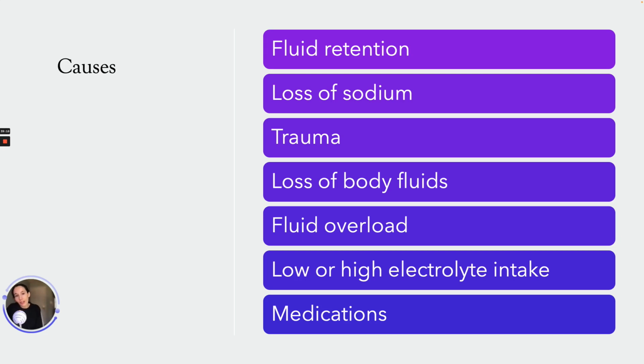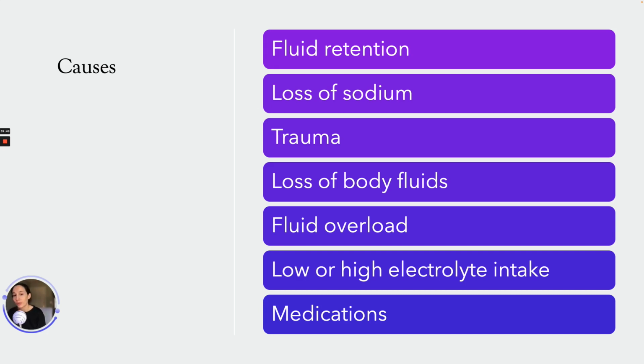So causes of fluid and electrolyte imbalances include fluid retention. The retention of sodium is associated with fluid retention. There's loss of sodium. Excessive loss of sodium is associated with decreased volume of body fluids. Trauma can release intracellular potassium, which is extremely dangerous. Loss of body fluids occurs more rapidly when coupled with decreased fluid intake.